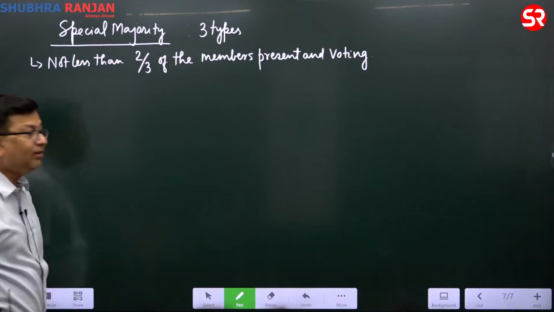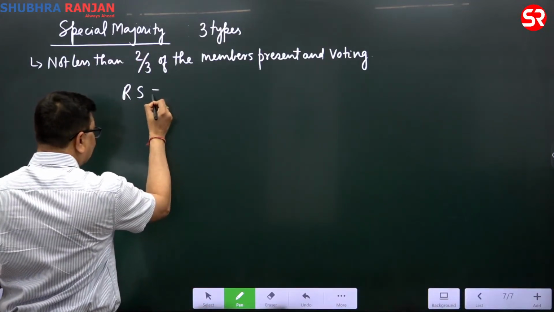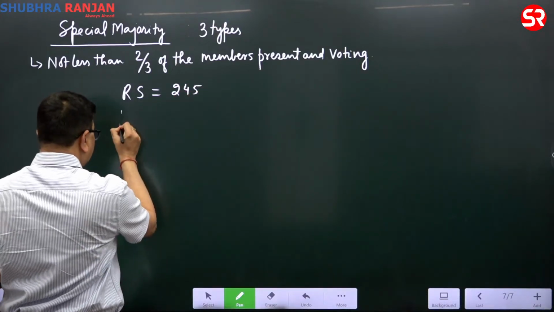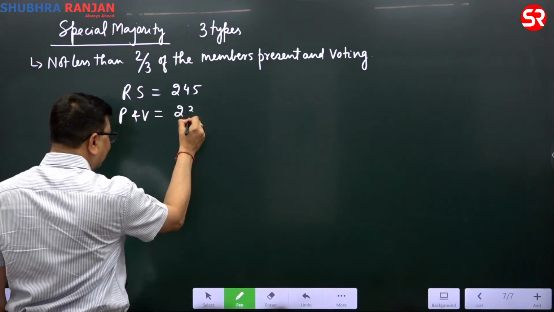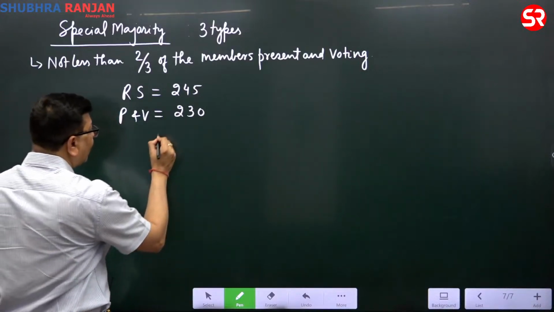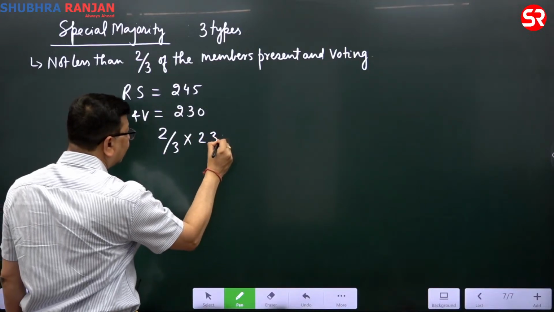For example, in the Rajya Sabha, suppose we have a strength of 245 members and present and voting are 230. The majority required will be 2/3 of 230.